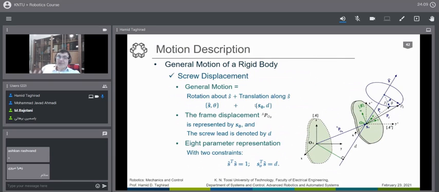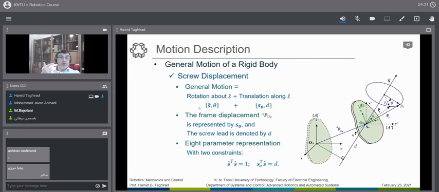It is quite simple, it shows you the concept. It says that we now have a screw displacement. Up to now, we defined a screw rotation for a pure rotation map, but this screw can be used for both rotation and translation.